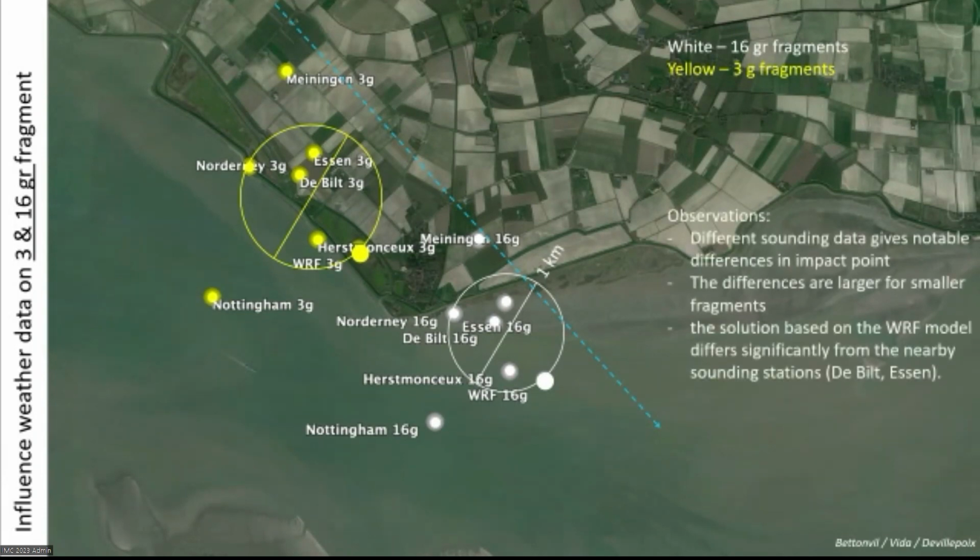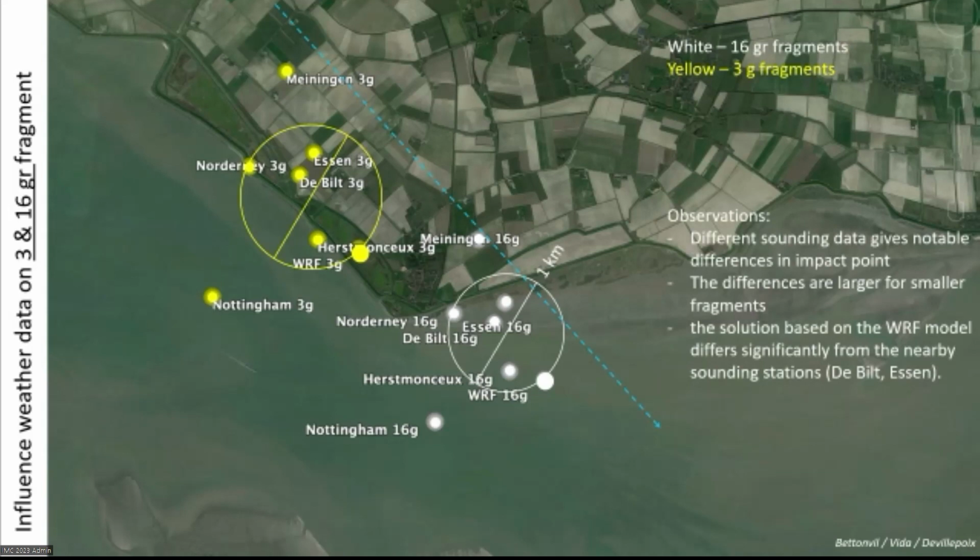But you also see the little bit larger dot here, that is the model, the rest is sounding data. These ones are close to the trajectory, the others are a bit further away. And you note that the model is not coinciding with the sounding data. So this shows it is not trivial.